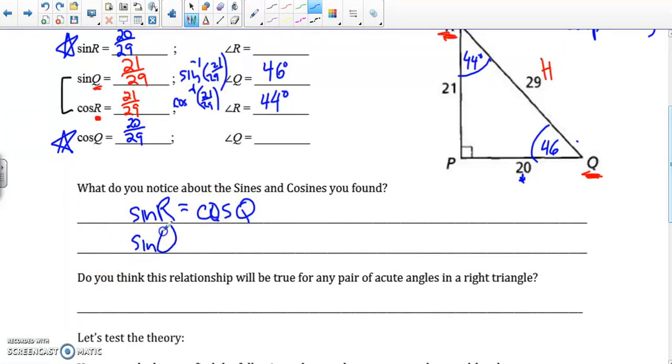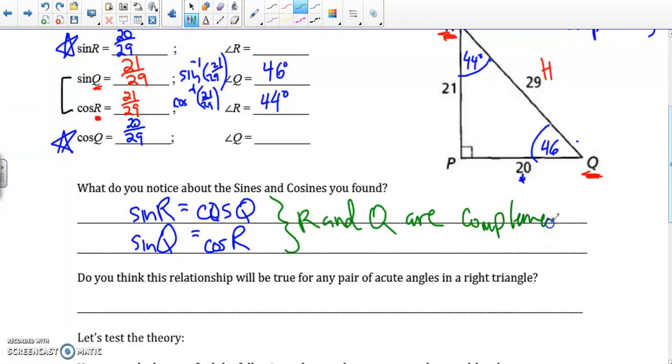We know the sine of angle Q is the same as the cosine of angle R. And the reason for this is that R and Q are complementary, meaning they add up to 90. There's the other 90 degrees of our triangle.